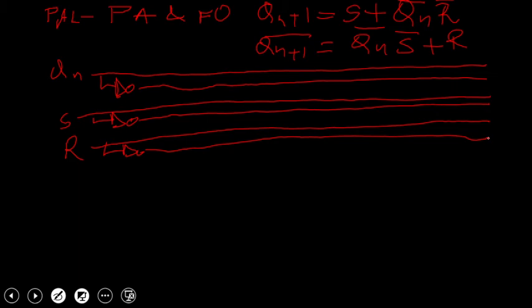Here each has 2 terms, it is the sum of 2 AND terms. So the maximum number of AND gates is 2, so you will make 4 AND gates. This is the first AND gate, this is second, this is third, and this is fourth AND gate.